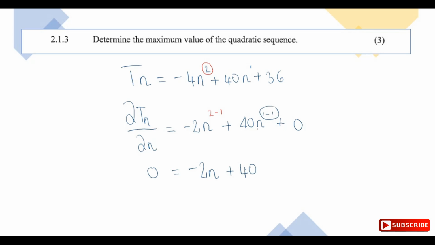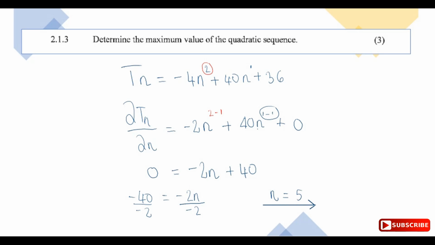And then from here, guys, we are simply going to solve for n. We're trying to isolate the n, so we can move the 40 to the other side. So it's going to be minus 40, which is equal to minus 2n. And then we're simply going to divide by minus 2, and we find that the n is equal to 5. But then how is this going to help us with anything?